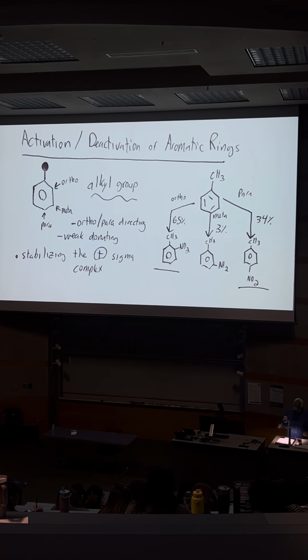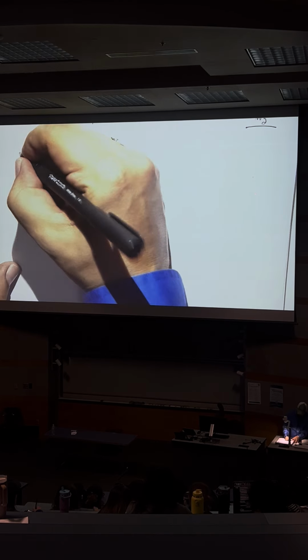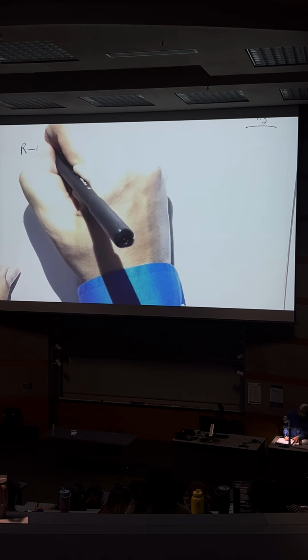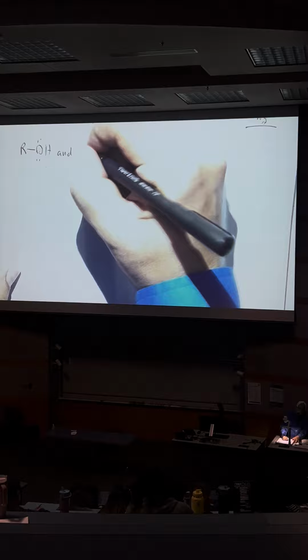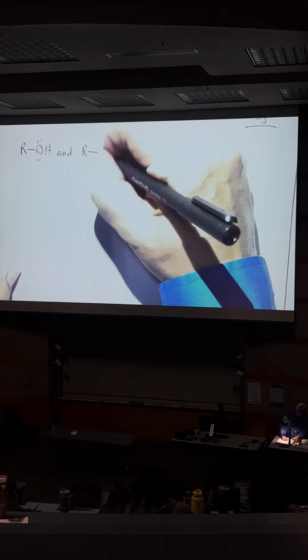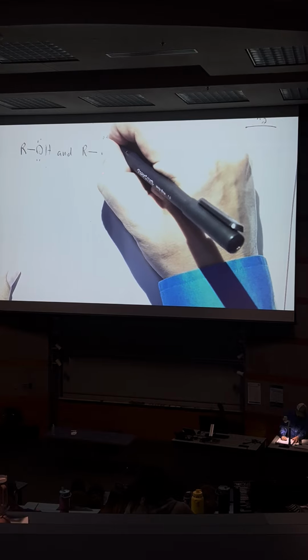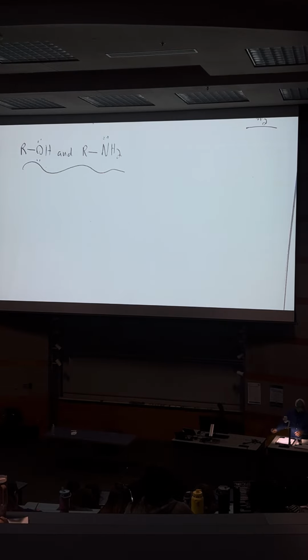Okay. The next groups that we can look at, and these are just two examples, knowing that there are a few others, is if you have your alcohol group or your amine group directly attached to the aromatic ring.